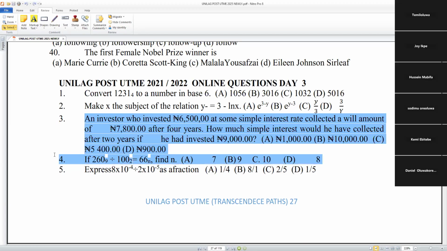Now, as for this part, they said an investor invested 6,500. We said the amount invested is the principal.